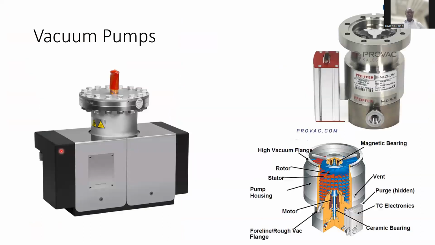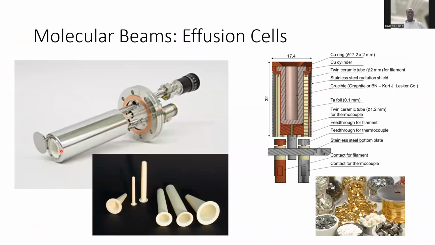All right, so we have these pumps here which allow us to obtain these ultra low pressures. But now we'd like to create the molecular beam, and we use things called effusion cells to create the molecular beams. This is what a typical effusion cell or Knudsen cell looks like.